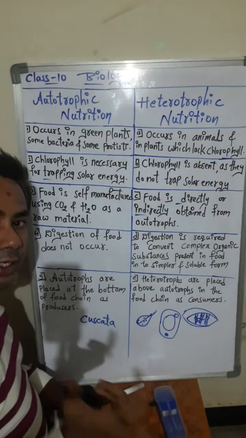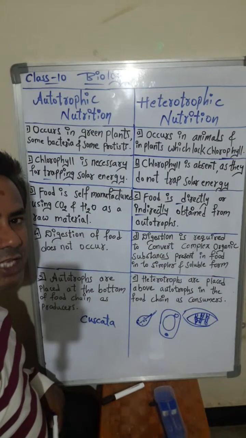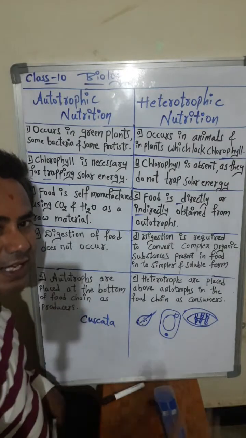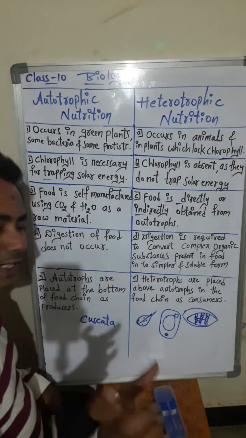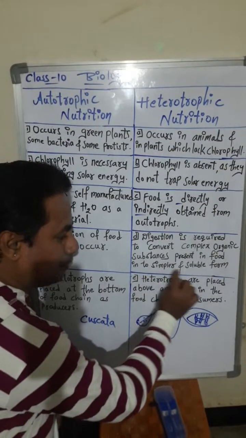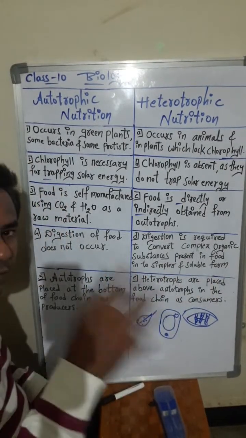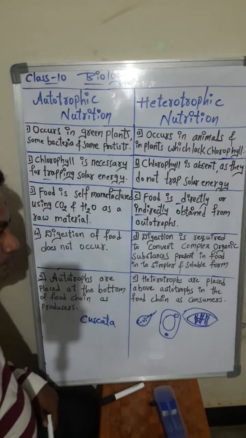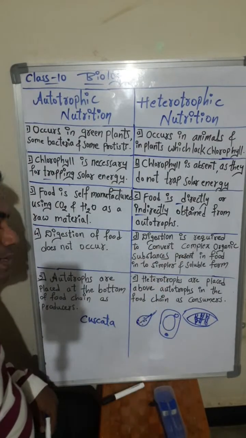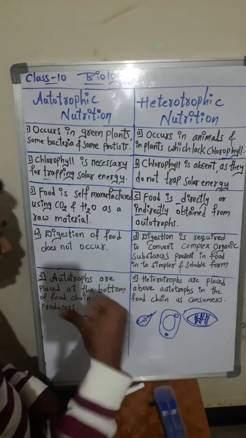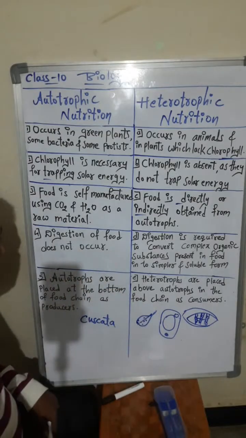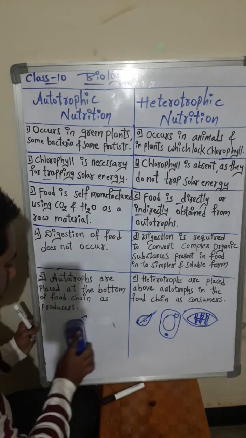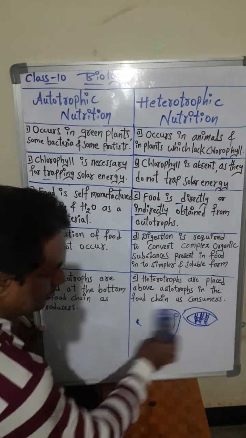Carbohydrates are converted into glucose, proteins are converted into amino acids, and fats are converted into fatty acids and glycerol. Those are simpler and soluble forms. Then our body will absorb those nutrients. Got it clear? So digestion is compulsory, required. Here digestion is not required. The last one, fifth one: autotrophs are placed at the bottom of what?